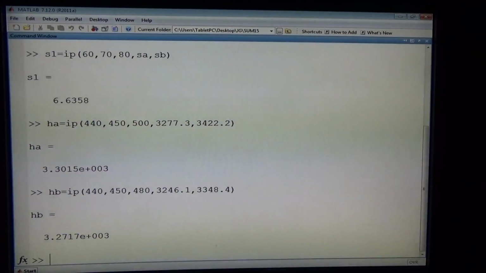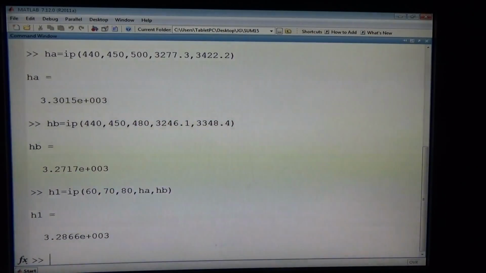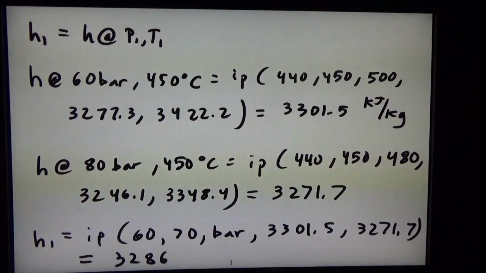So our H value is equal to 3286.6. Alright, so now we have the H2 value. H2 is equal to H1, which is equal to 3286.6.